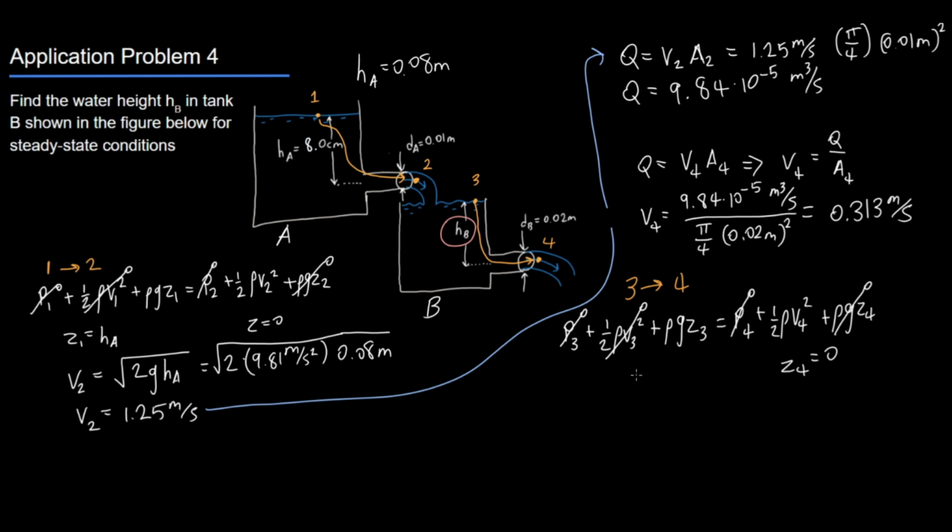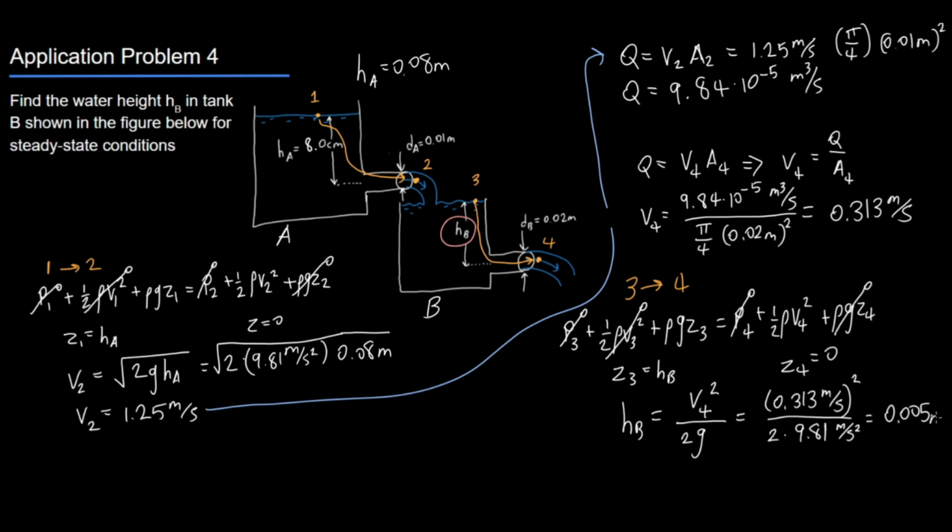And if we set Z4 equal to 0, that means Z3 has to be equal to HB, so that's very useful for us. And with that, we can solve for HB, and it is equal to V4 squared over 2G, which we can solve by 0.313 meters per second quantity squared, all over 2 times 9.81 meters per second squared, which gives us 0.005 meters.